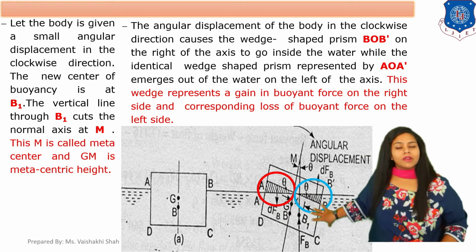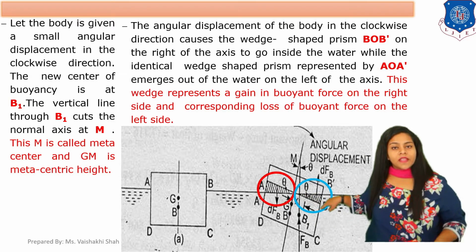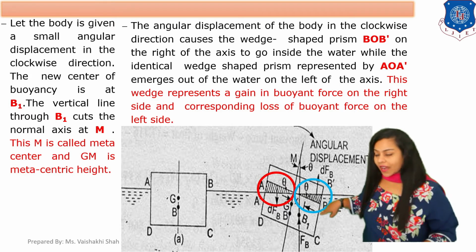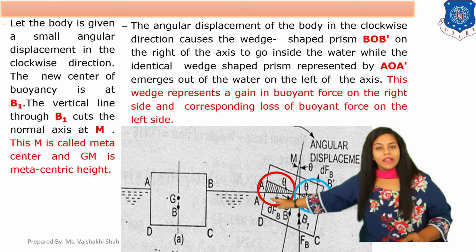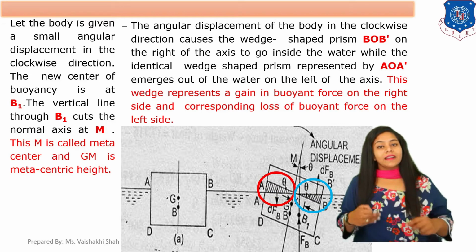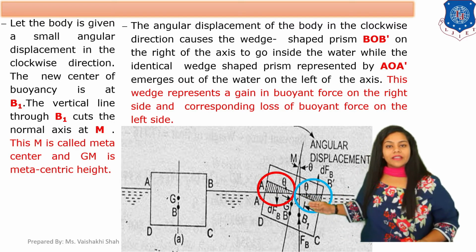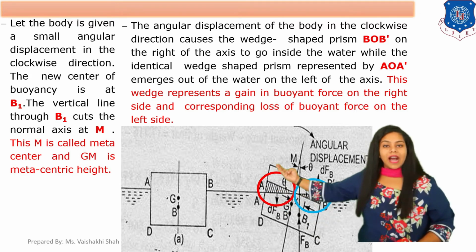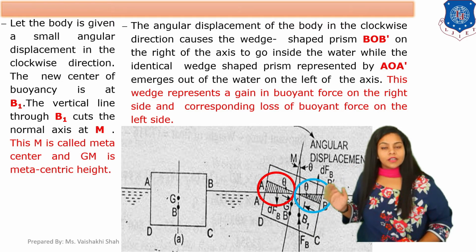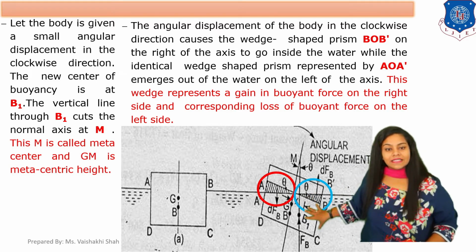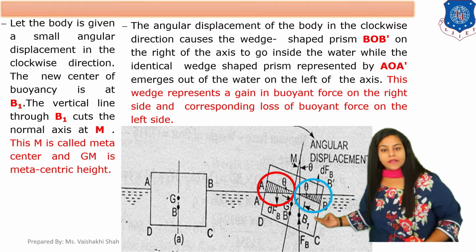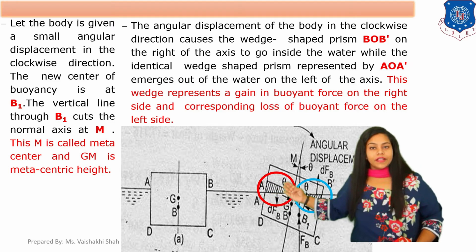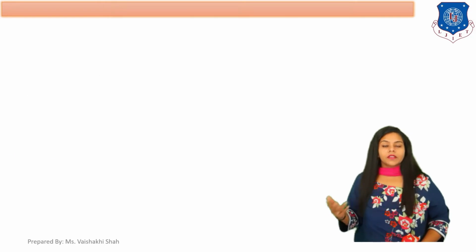So in triangle O B dash B the buoyant forces increase, but in triangle O A dash A the buoyant forces decrease, because this goes inside the water and that triangle comes outside the water. Clear?